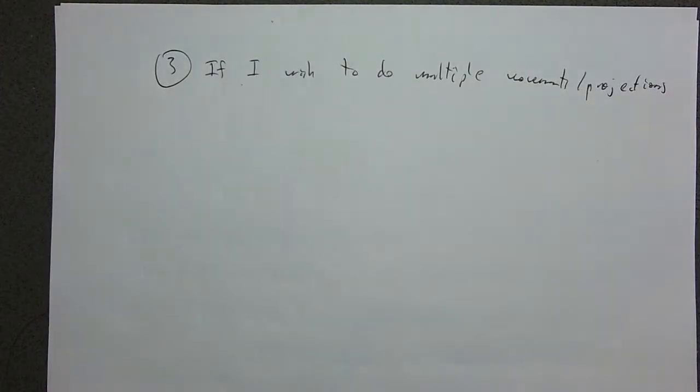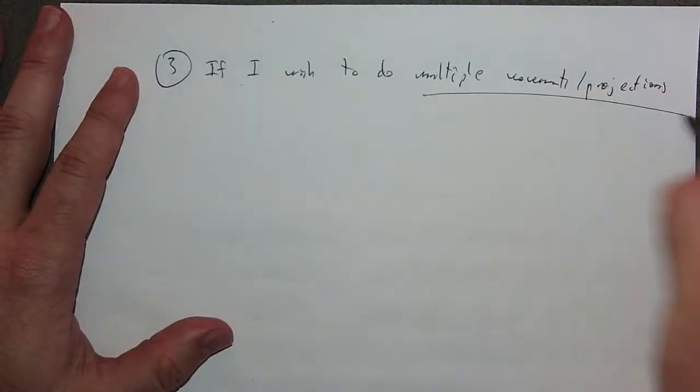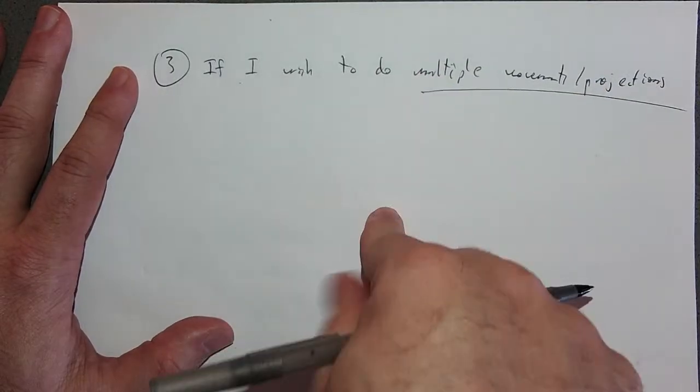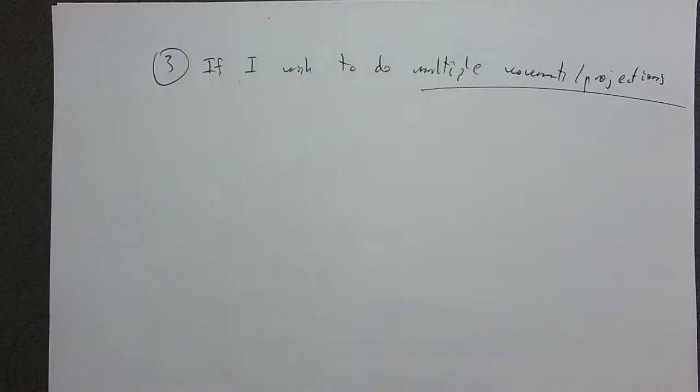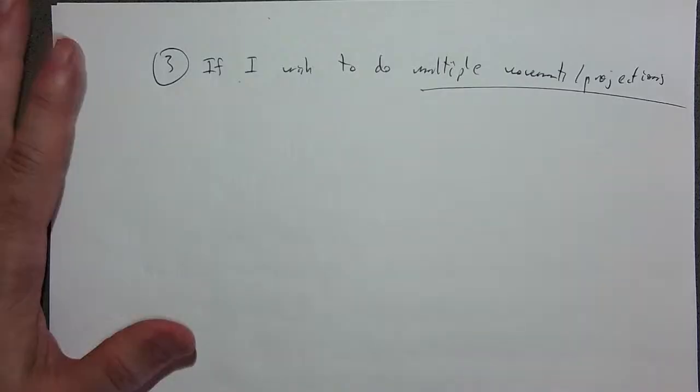Before I was talking about doing a single movement or a single projection of a list of points. So multiple points are being moved, but they're only being moved once. Multiple points are being projected, but only once. What if I want to do multiple movements and projections? So I take one point, and I want to move it, then project, or move it and then move it again in some other way, each of those movements being different. If I wish to do multiple movements or projections, this is also easy.